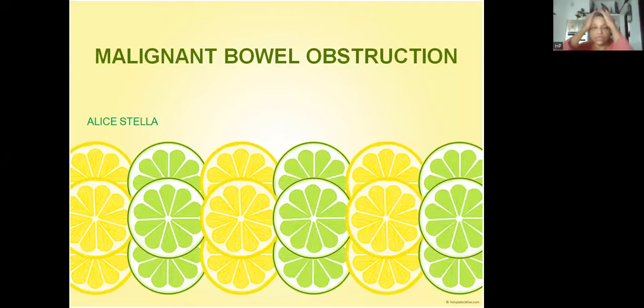So we will be talking about malignant bowel obstruction today. Yesterday we saw nausea, vomiting, constipation, and spurious diarrhea. In palliative care, one more thing we come across is malignant bowel obstruction.